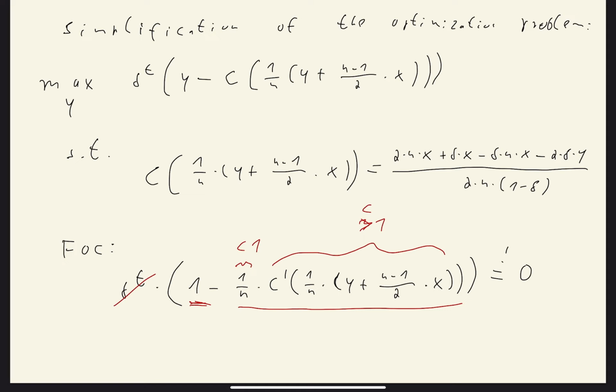Oops, sorry, other way around. What must hold is that this term is strictly larger than 1, such that there indeed exists a y which is making sure that we have an interior solution.